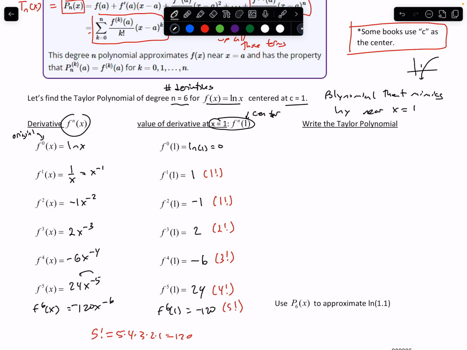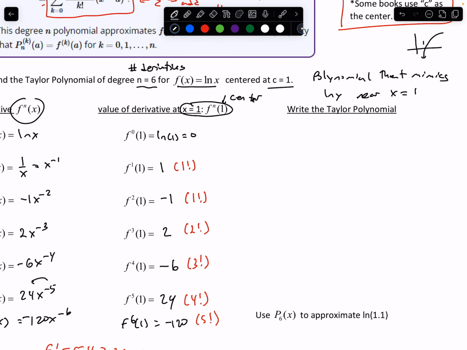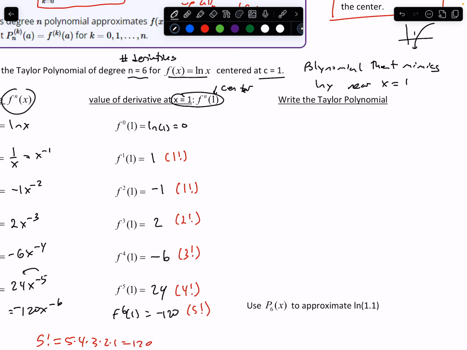So next, we have to write our Taylor polynomial, and I did not give myself near enough room for this one. So let's have some fun. Our rule is very simple. It is f of n of our center over n factorial times x minus our center to the nth power. So we are looking for a 6th-degree Taylor polynomial here.